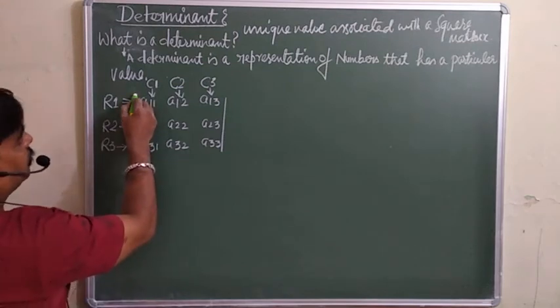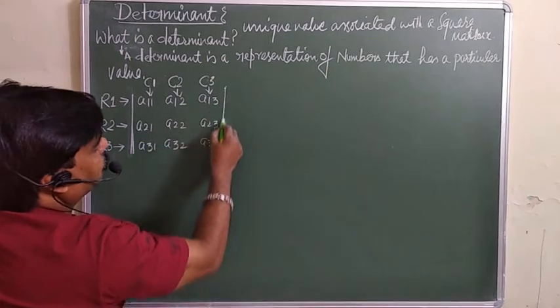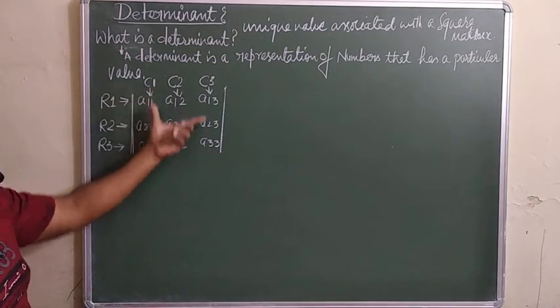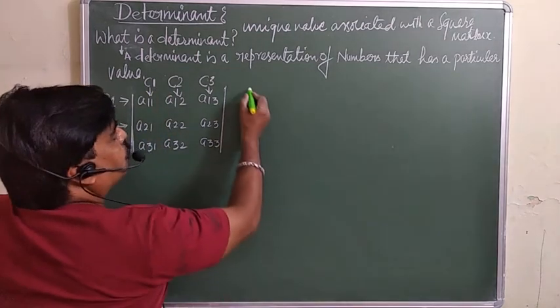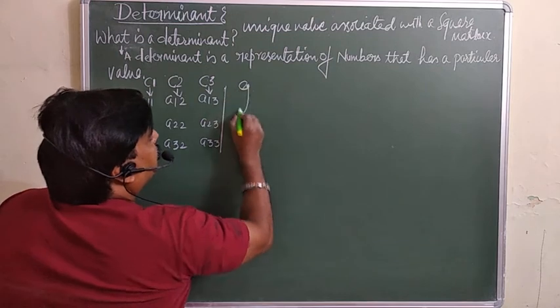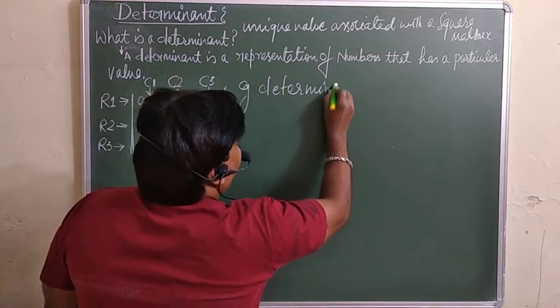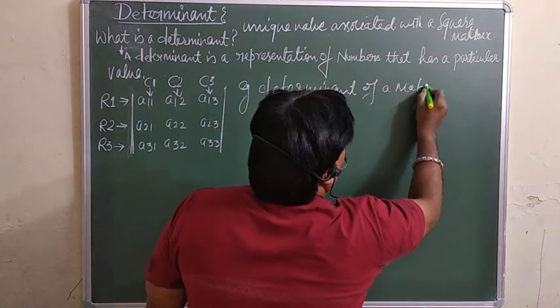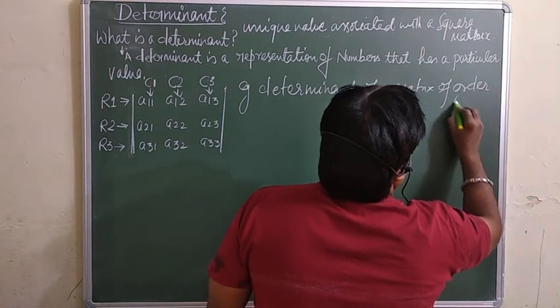The elements of a determinant are enclosed in two parallel lines. It should be a square matrix; for any square matrix you can take the determinant. First, suppose we take the determinant of a matrix of order 1.